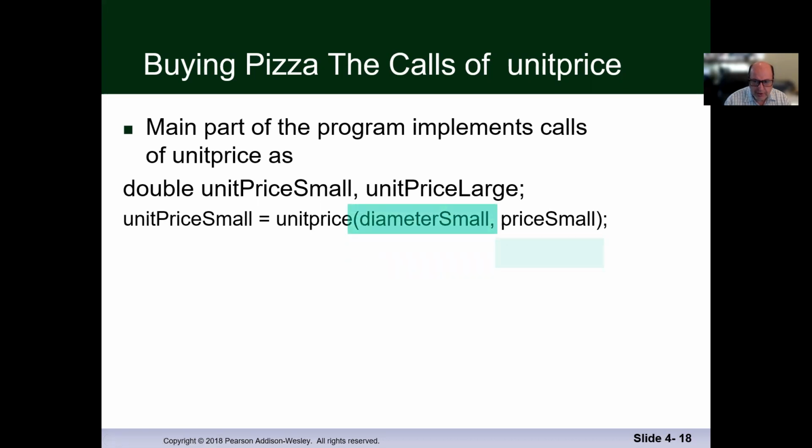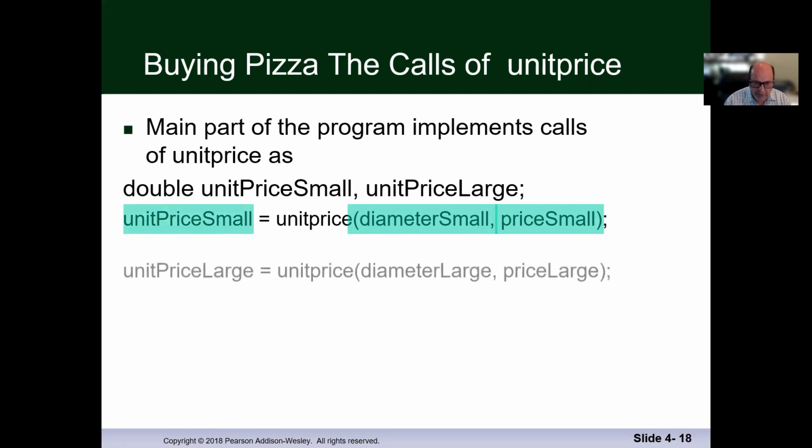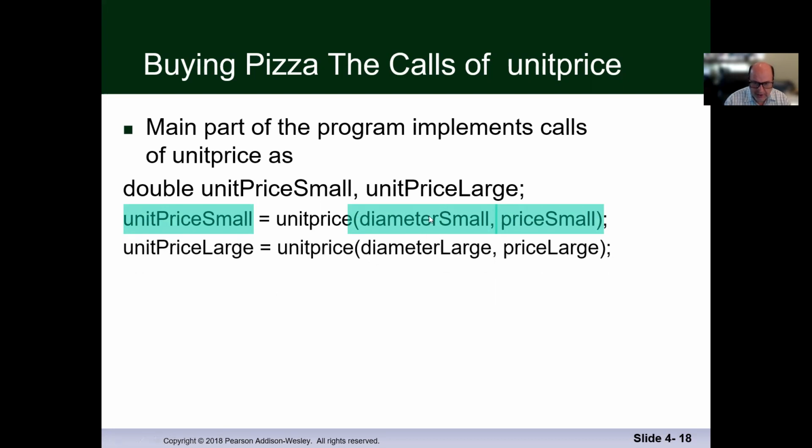My diameter small and price small are coming into this function, it's called with these, and the return value is going to go into unit price small. If I do the large one, I'm passing different values, and then I'm going to get the unit price for large. So internally, that's all the unit price function is going to do. It's going to get a diameter and a price, calculate the unit price, and return it.